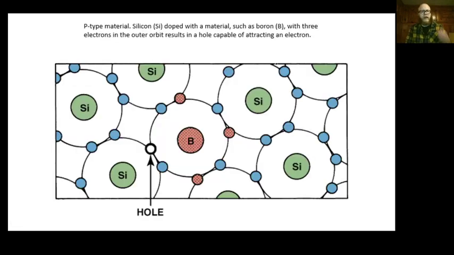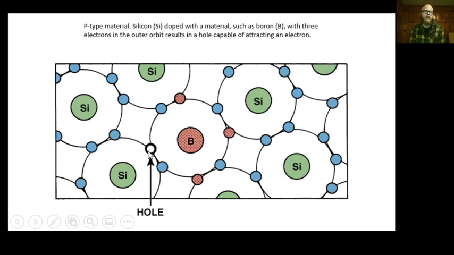So then the next type, since we only have 2 types of semiconductor materials that we'll be dealing with, is the P-type. So N-type has an extra electron. Well, P-type is doped with boron, and boron is a conductor. Boron has only 3 electrons in that outer ring, and so when a boron atom is surrounded by a bunch of silicon atoms, what we end up having is a shortage of electrons.